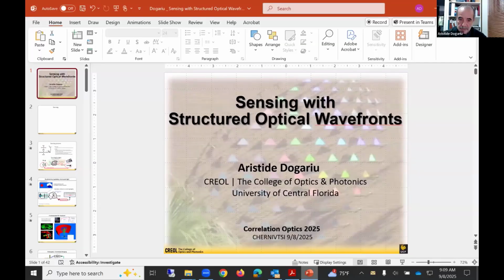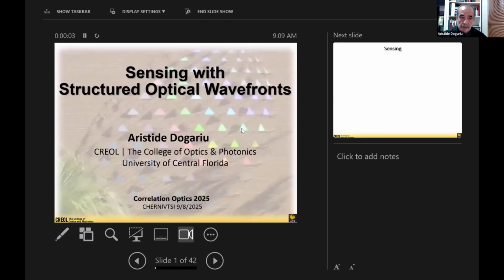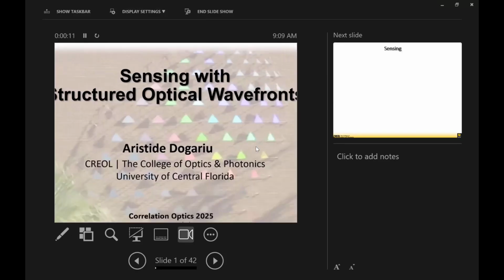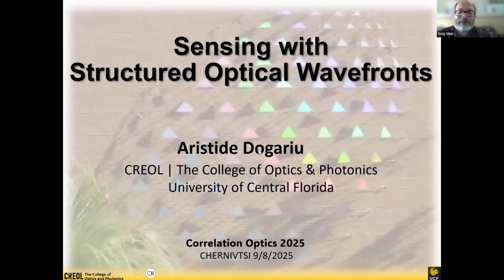That's a problem. Are you seeing the same now? Now I'm just seeing the main editing window for PowerPoint. How about now? I'm seeing the presenter view. I think you can go to display settings at the top to switch it. Now you're ready.